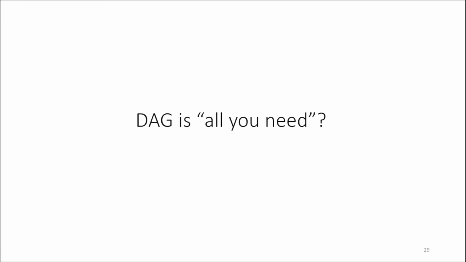Now the next question that we should answer is: is this all you need for causal inference? In fact, it should be phrased like this: is a Bayesian network all you need for causal inference?